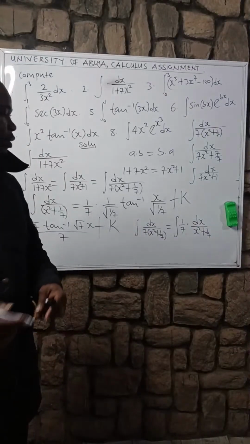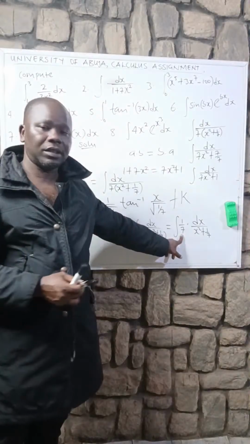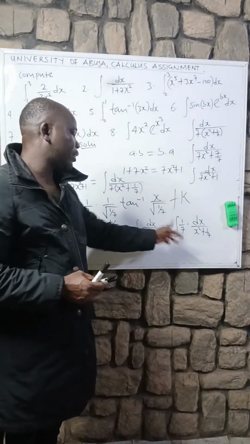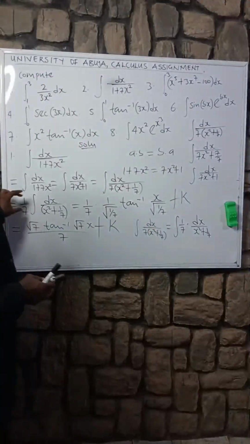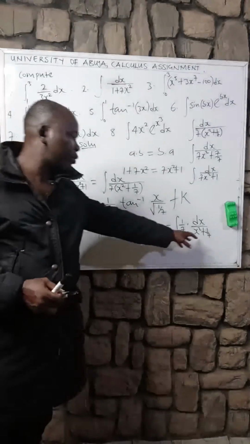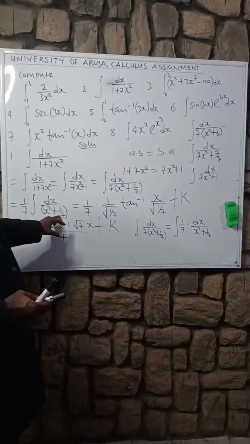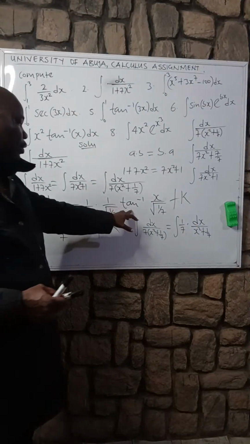Do you agree with me? So this 1 all over 7 is a constant. So we have to factor it out. That is why we are saying it in this form, so that we can be able to integrate this inside. Look at it here. And this will lead us to what?